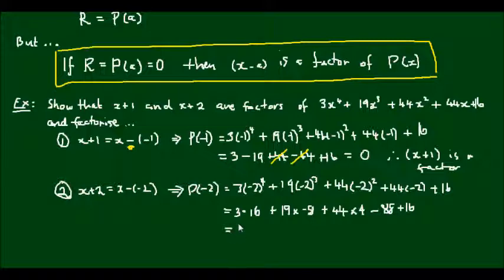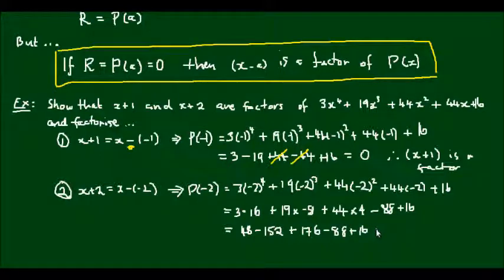Still working through, so 3 times 16 is 48. 19 times negative 8 gives us negative 152. And 44 times 4 gives us 176, minus 88 plus 16.